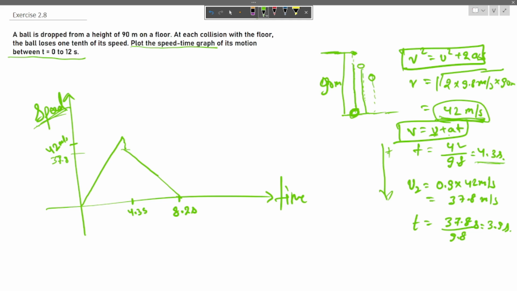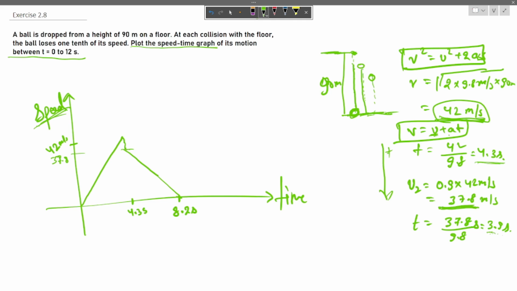Now again it will reach the ground level in a time interval of 3.9 seconds, and the velocity would again be that of the initial velocity at which it bounced, that is 37.8 meters per second.